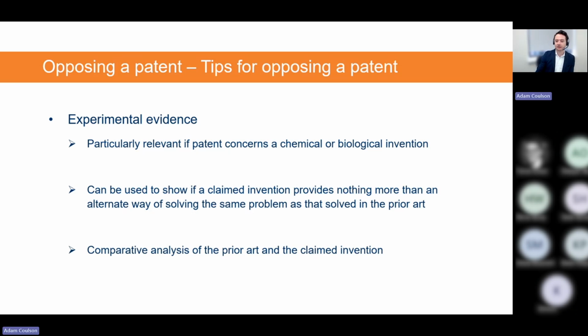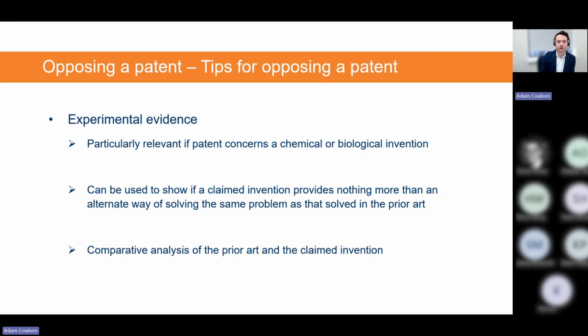Moving on to experimental evidence. So, particularly in cases relating to patents which concern chemical and biological inventions, an inventive step is often acknowledged when a claimed invention achieves a technical effect over the prior art. If you can show that the claimed invention provides nothing more than an alternate way of solving the same problem as that solved in the prior art, then it will strengthen your assertion that the claim lacks an inventive step.